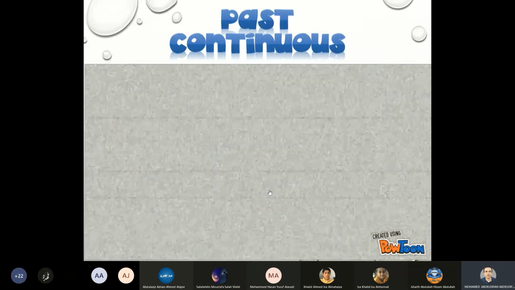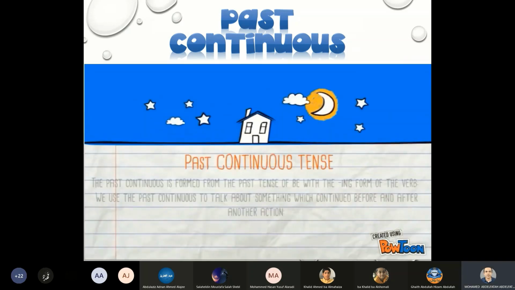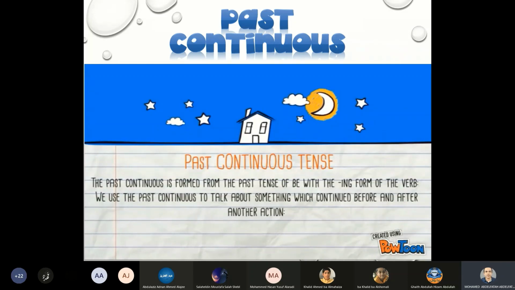Now, students, let's learn more about the past continuous tense. Look here, students. The past continuous tense is formed from the past tense of verb to be, was or were, with the ing form of the verb, was or were plus verb plus ing. We use the past continuous to talk about something which continued before and after another action.